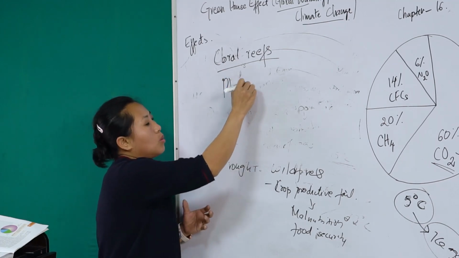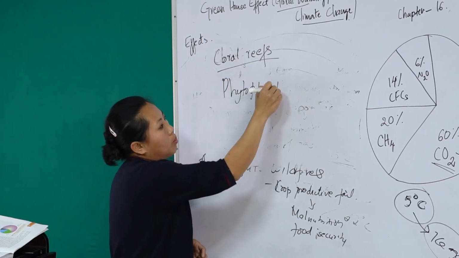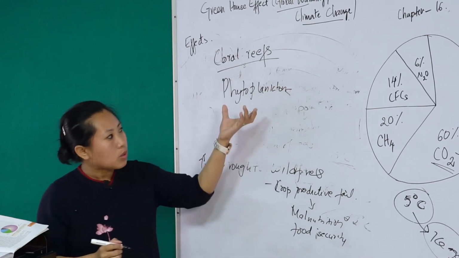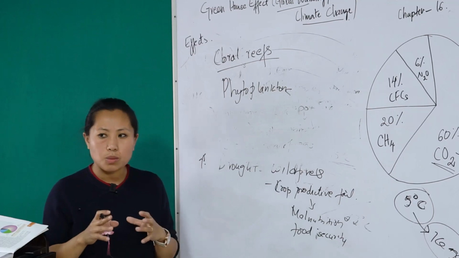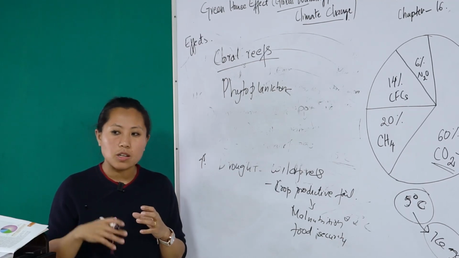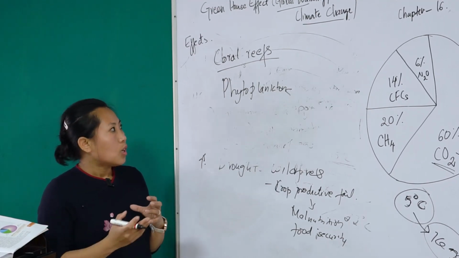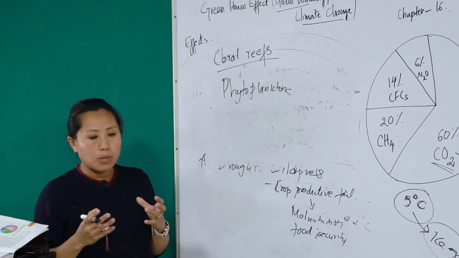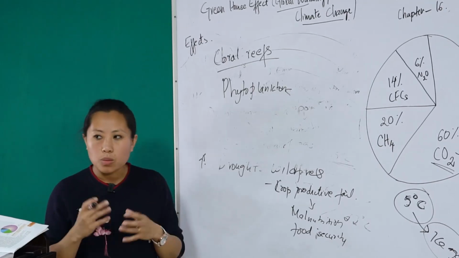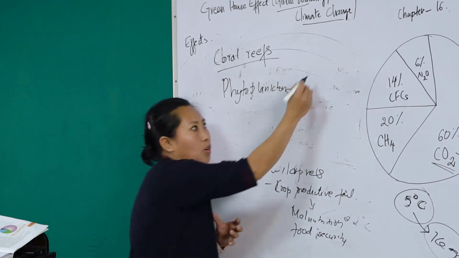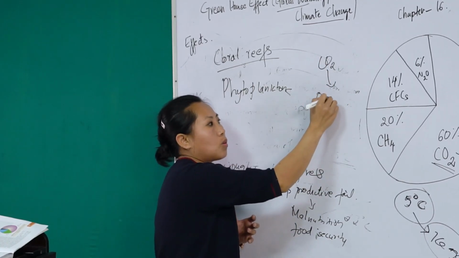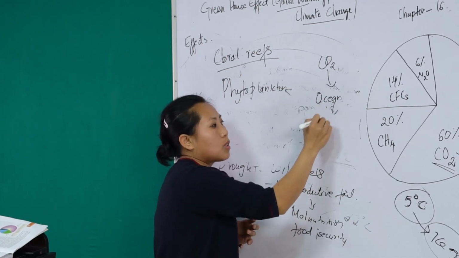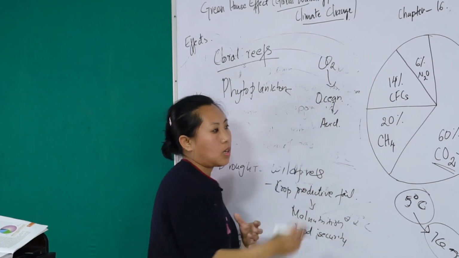and it also affects the phytoplanktons. These phytoplanktons are photosynthetic organisms which are present in the oceans and seas. As the temperature gets warmer, the ocean becomes more and more acidic, because carbon dioxide from the atmosphere, when it comes in contact with the water in the ocean, forms carbonic acid.